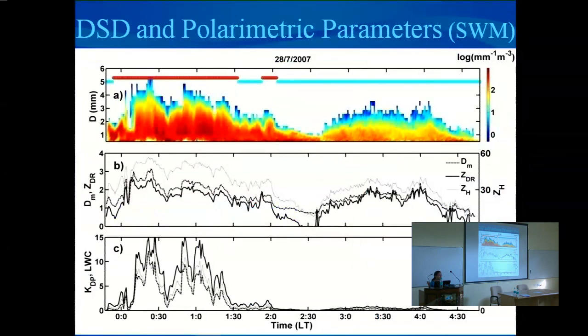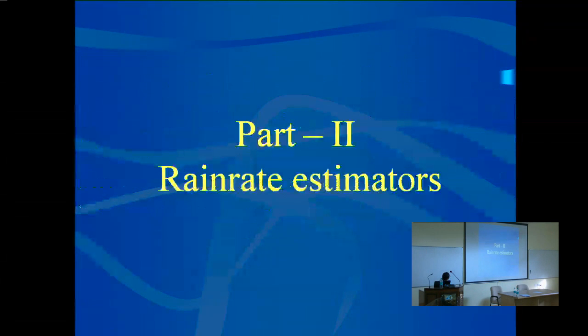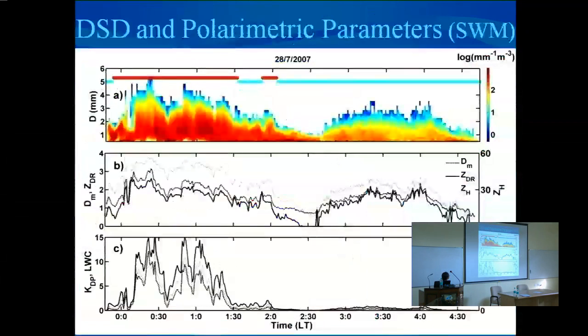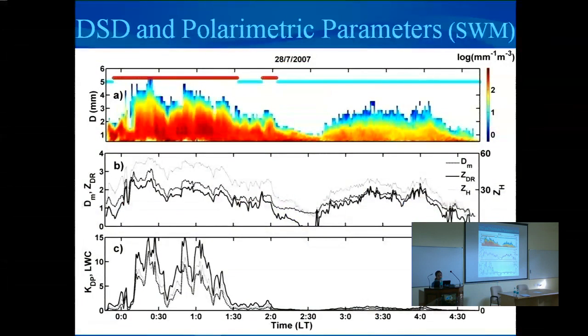I'm not going in depth into how each simulation step was carried out, but this figure shows the drop size distribution. The red points to the convective zone, and the blue marks the stratiform zone.